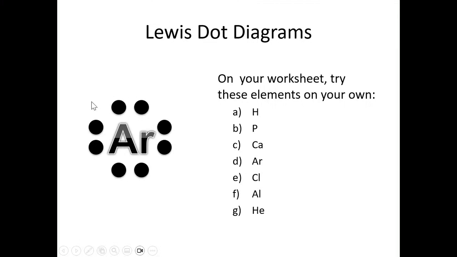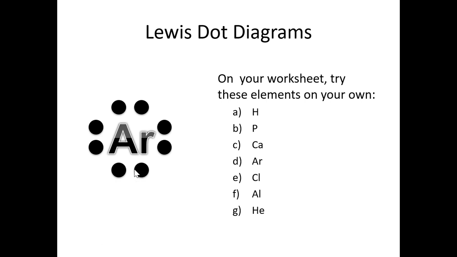And these are next to one another. You're not just randomly putting them around the symbol. There's 2 on the right-hand side on top of one another. There's 2 on the top right next to one another. There's 2 on the left-hand side on top of each other, and 2 on the bottom right next to one another. So it's like the 4 sides of a square.